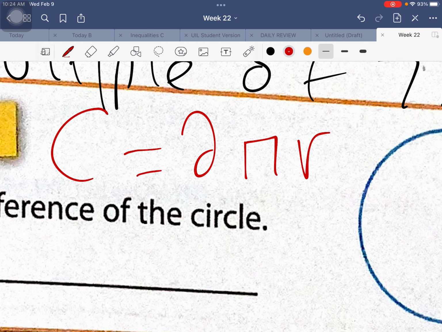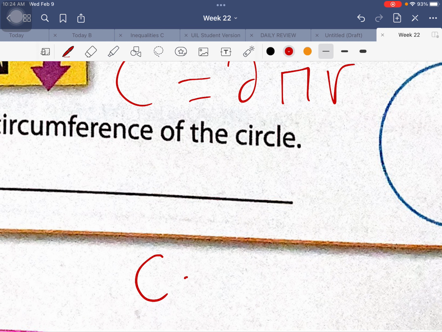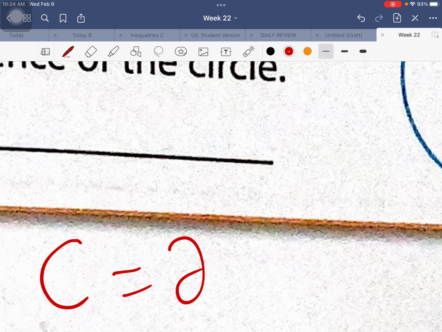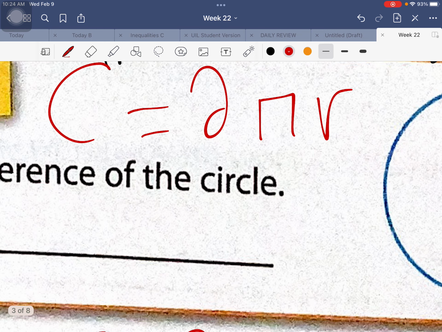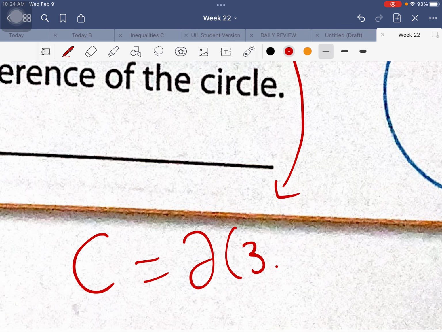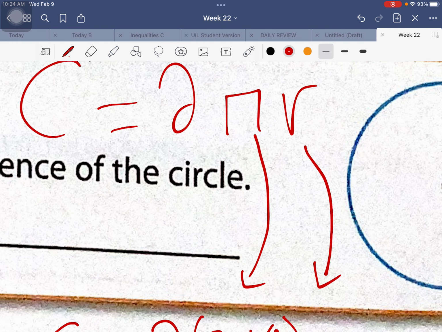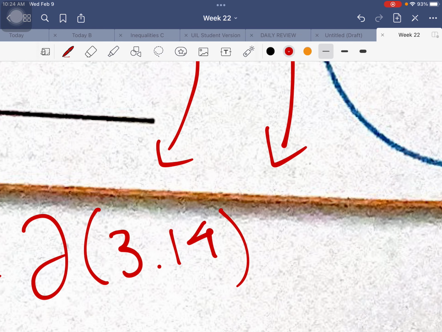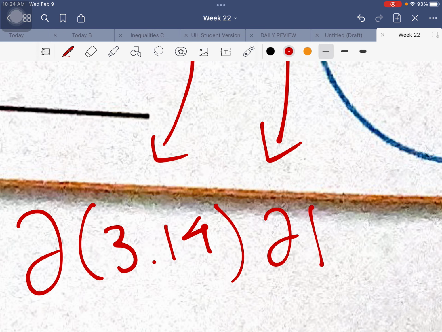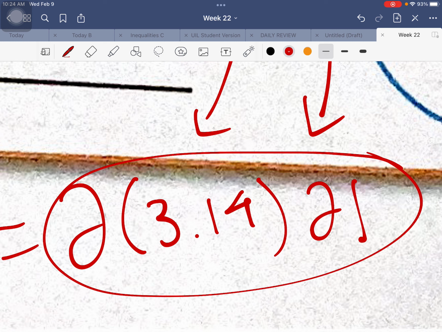What do I have? Well, 2 times what? What's pi? Okay, so instead of this, I'm going to write what the numbers actually are. And what about the radius? What is it? 21. I can't do anything more than this.